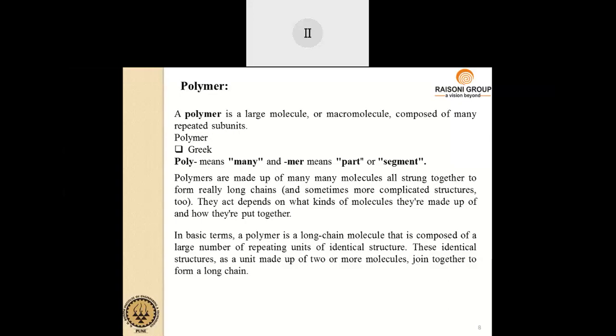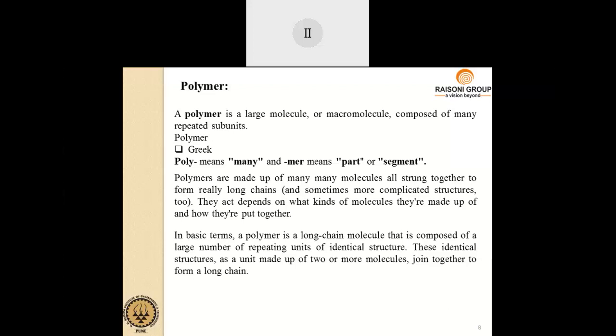These are the two things which decide how your polymer will act, how it will react, and what its application will be. So in basic terms, a polymer is a long chain molecule that is composed of a large number of repeating units of identical structure.